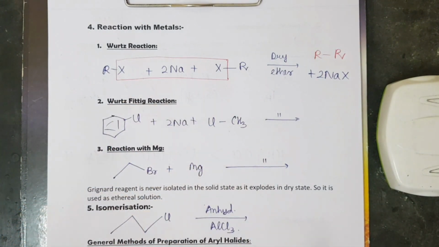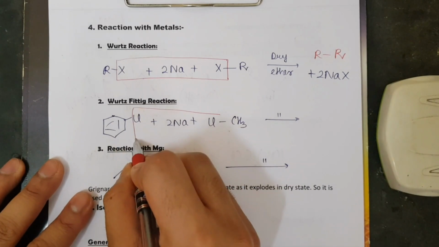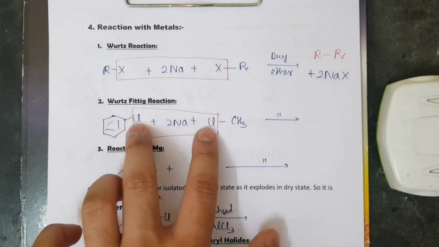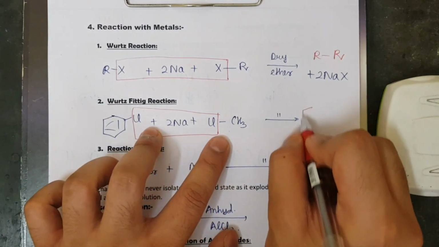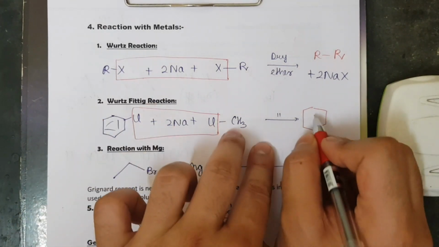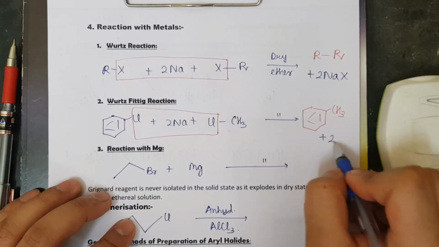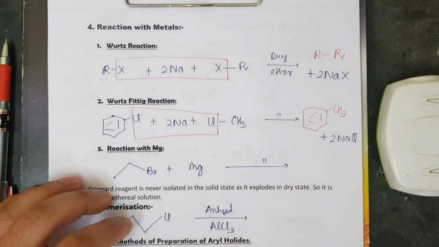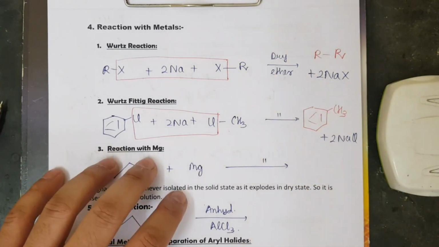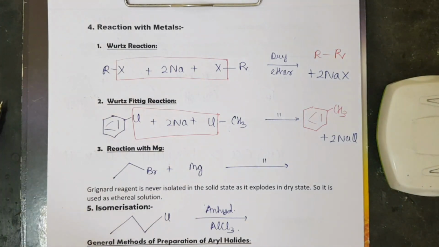What actually happens is a similar thing happens here but the product is not symmetrical. So you can see that 2NaCl will be removed from here. We get the formation of benzene and CH3 joined together, which is known as toluene, and 2NaCl will be removed from here. Now we have the reaction with Mg, which gives the formation of the very famous Grignard reagent.